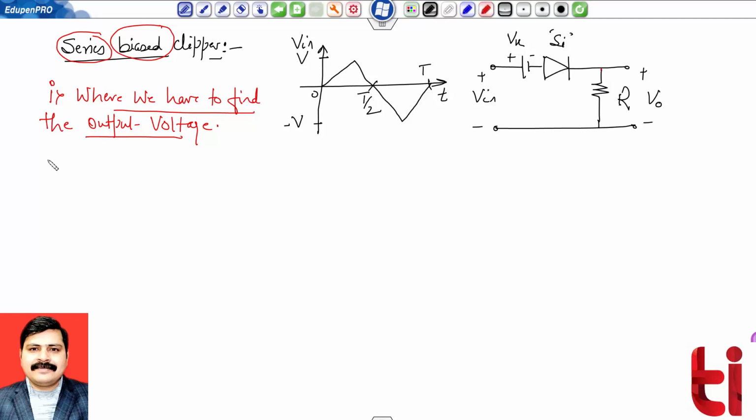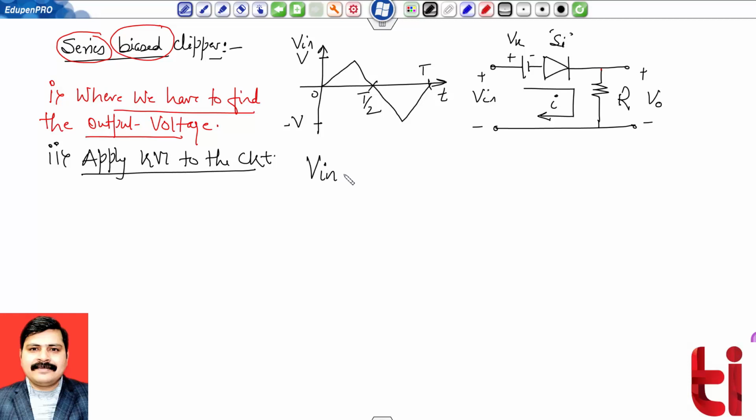Second, now apply KVL to the circuit. Okay, so in general, if I am applying KVL over here by considering this is the current flowing through R, it will show me Vin minus this Vk minus 0.7, considering the case when the diode will be forward biased.